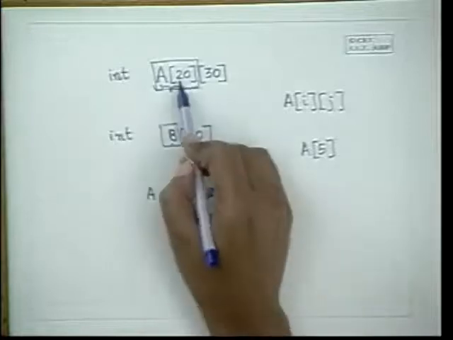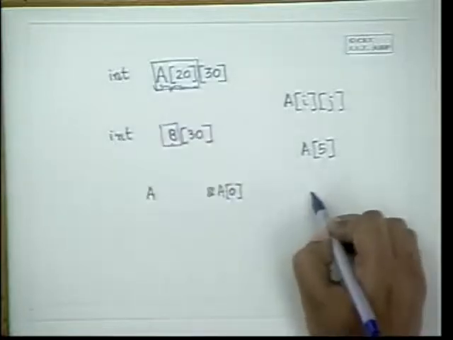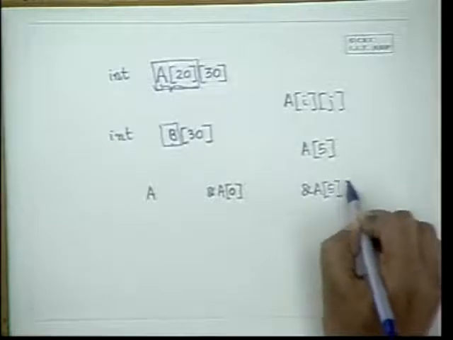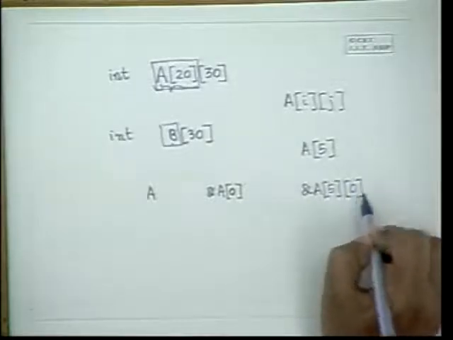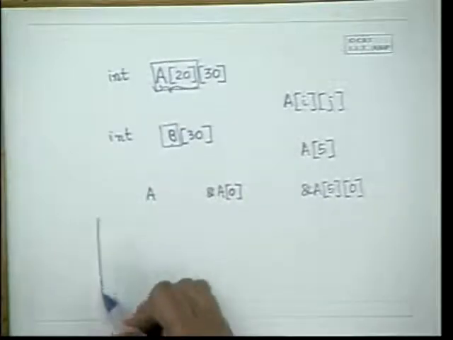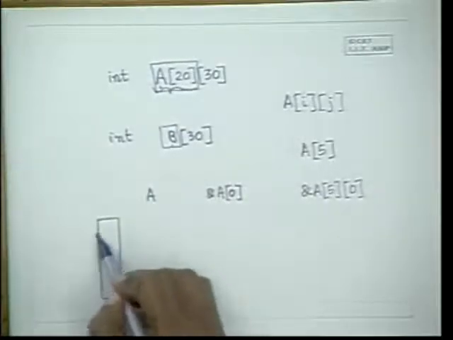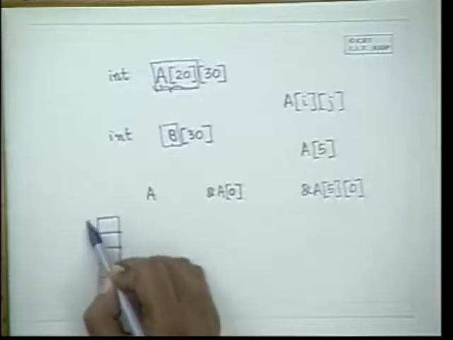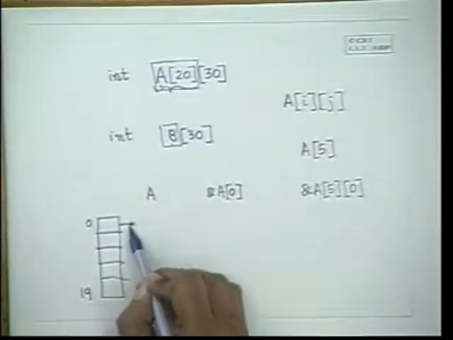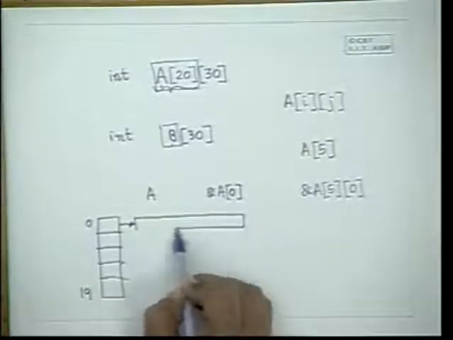A[5] will be the starting location, equivalent to &A[5][0]. It will be the starting location of the array starting with A[5]. So conceptually, 0 to 19, and then you can address it like this. This is one way of looking at it.